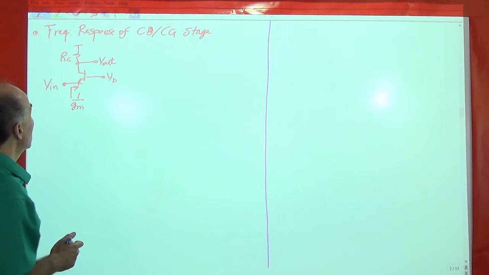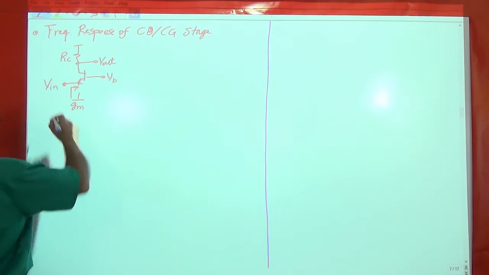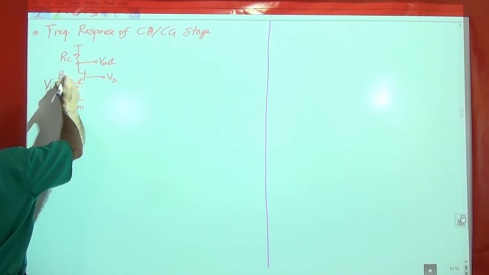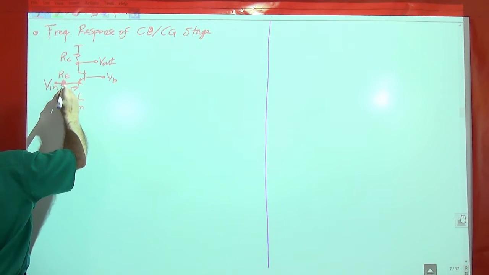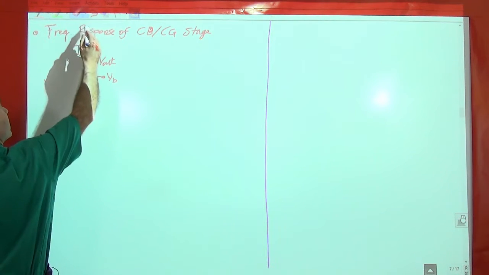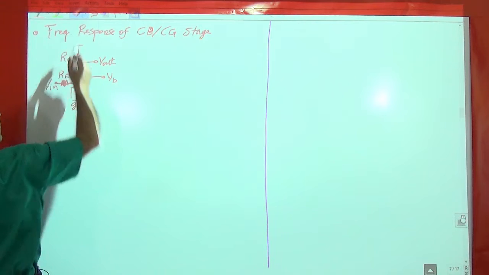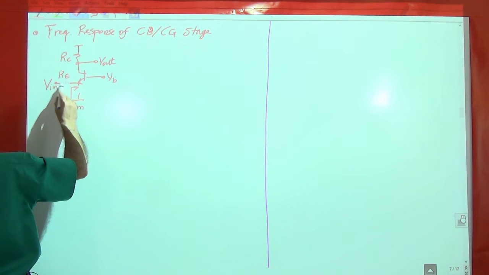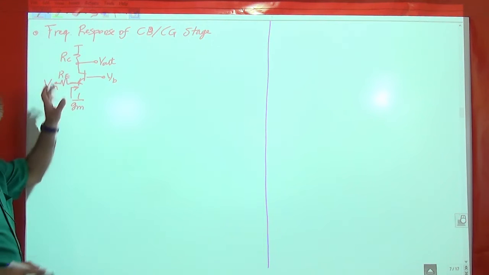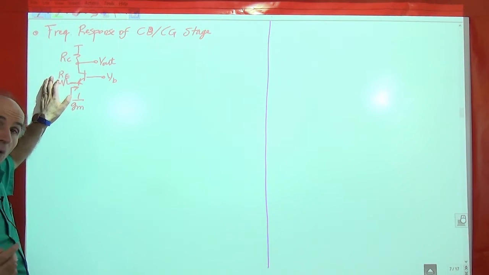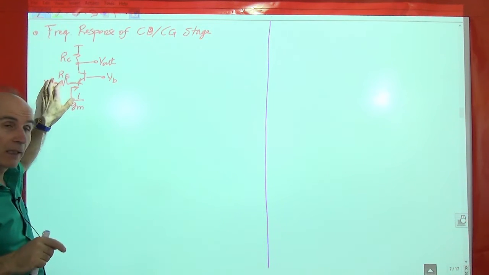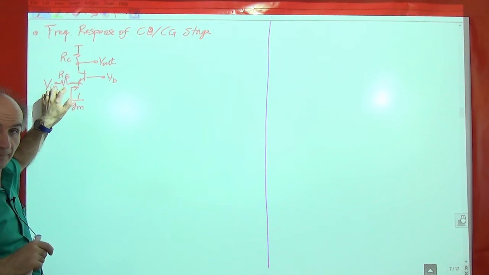Okay, so what we'll do is to keep it general. We will also add a resistor here. We'll call this RE. The purpose of this resistor is just to make sure that we have considered, for example, the output resistance of the preceding stage, or interestingly, in some cases, we deliberately might add this resistance.